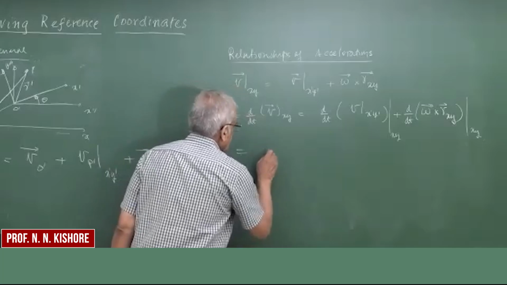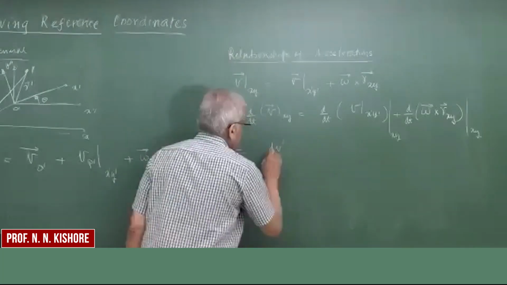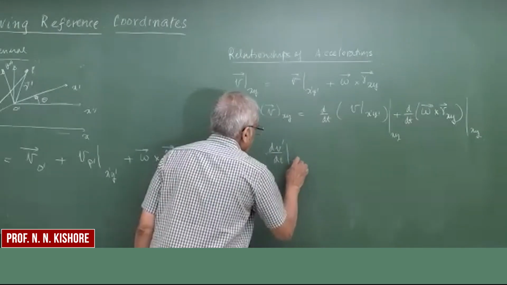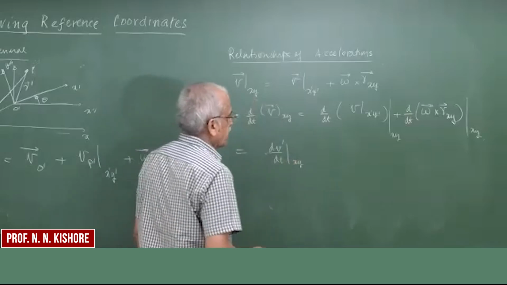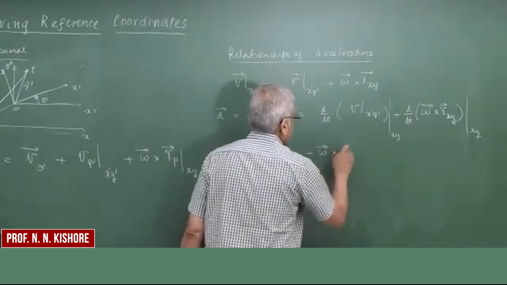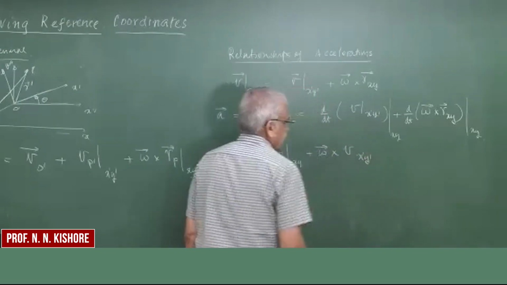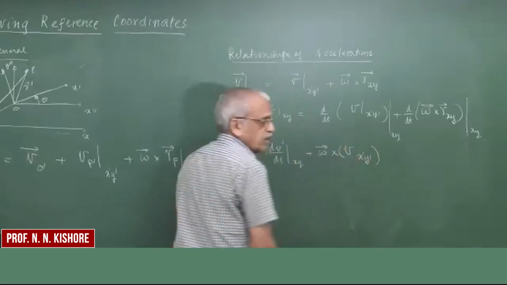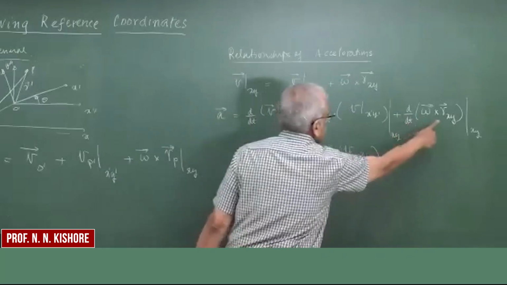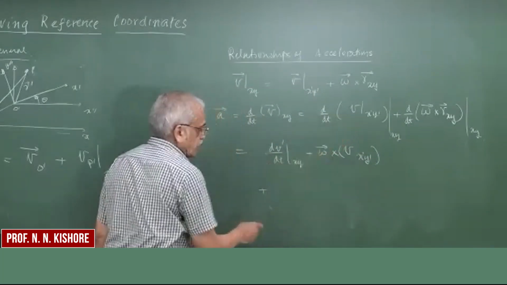So I need the derivative in the rotating frame, and I always need another correction term because the observations are made in the rotating frame.